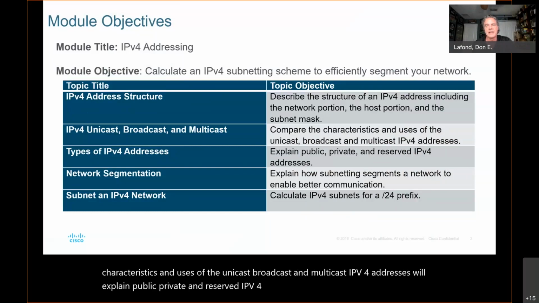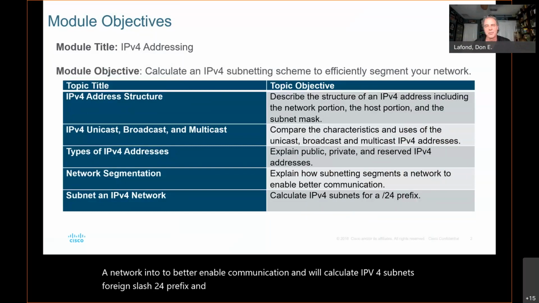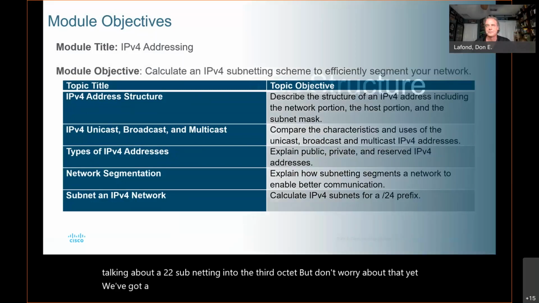We'll explain how subnetting segments a network to better enable communication. And we'll calculate IPv4 subnets for a /24 prefix. Then briefly at the end, we'll challenge all our brains. We're talking about a /22 subnetting into the third octet. But don't worry about that yet. We've got a lot to learn before we get to that point.